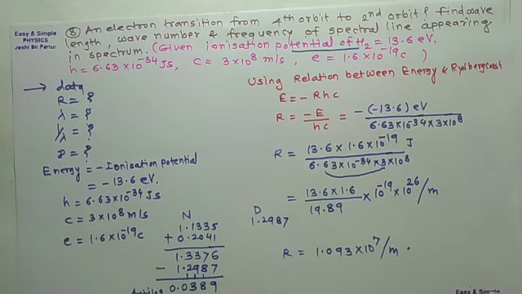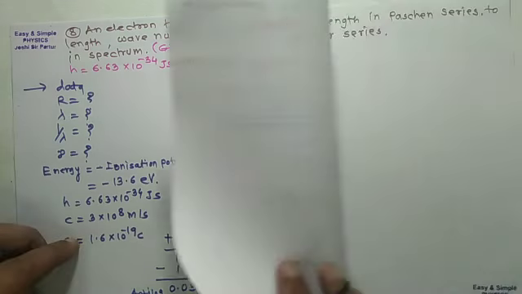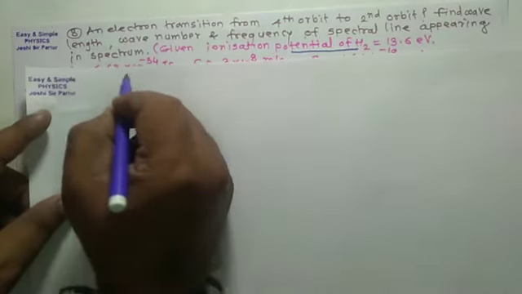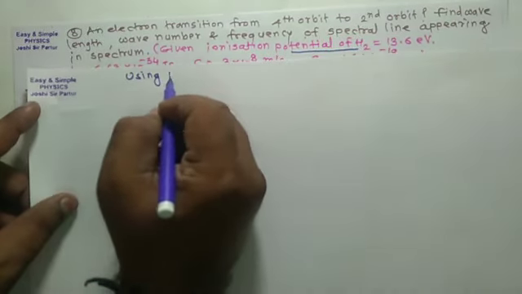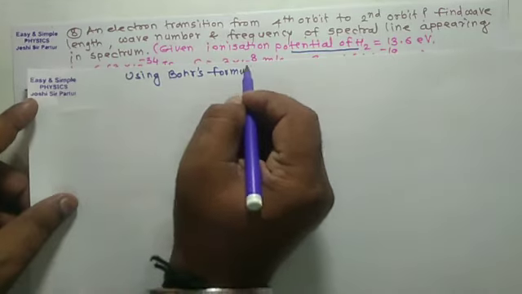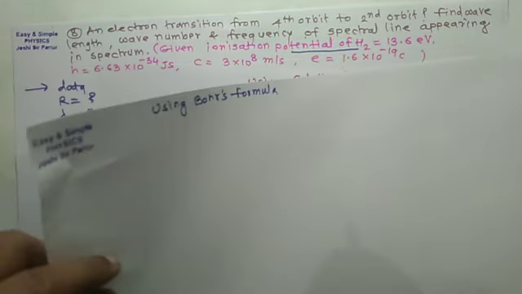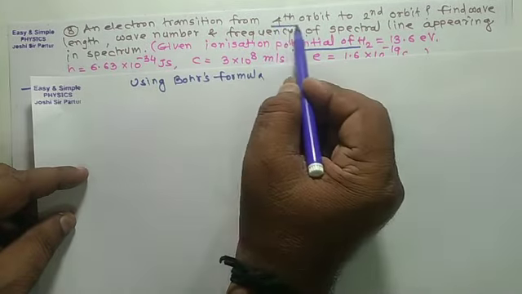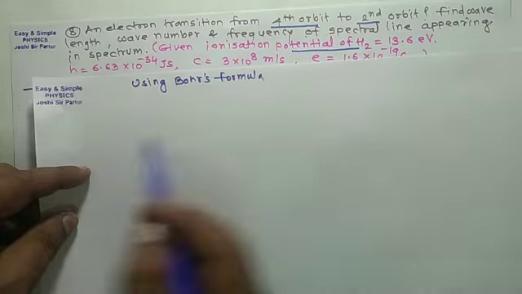So we can find out Rydberg constant. If we can find out Rydberg constant, then we can also find wavelength by using Bohr's formula. So here transition from fourth orbit to second orbit.